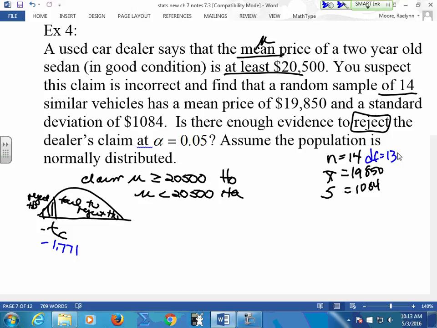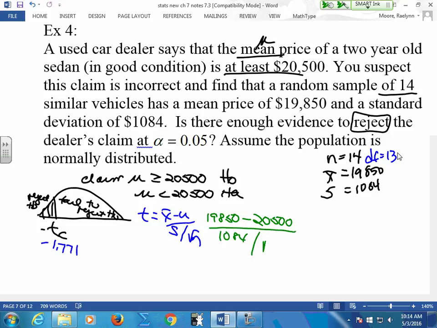Now all we have left to do is your test statistic. t is equal to x bar minus the mean, over the sample standard deviation divided by the square root of n. So we're going to say your sample information minus your population mean, over the sample standard deviation divided by the square root of n, not your degrees of freedom.